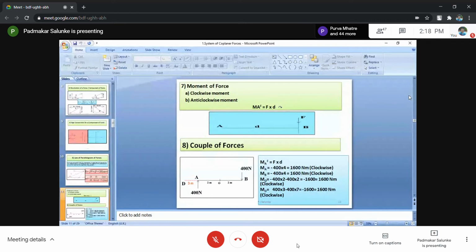Like this, in moment of a force and couple of forces, many similarities are available, and along with the similarities, some differences are also there. What differences are available, that we'll discuss. Then first listen to the definition of moment.